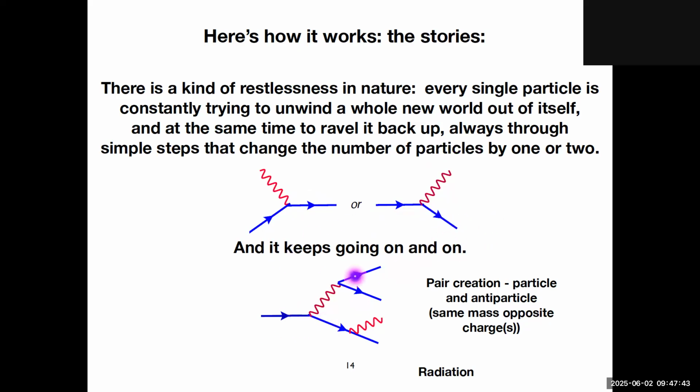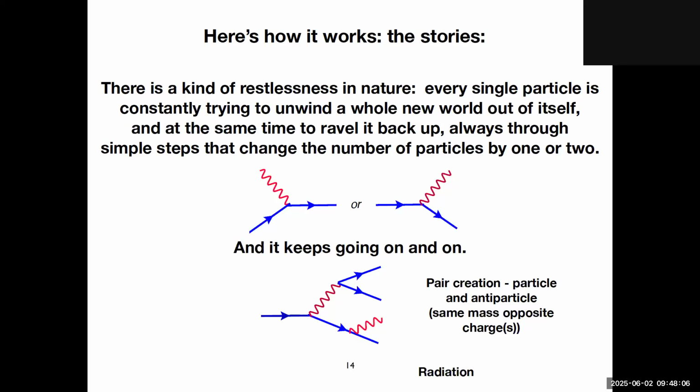So here we have pair creation. Here, a particle and antiparticle, same mass and spin, but opposite charges, and then radiation processes like this. So again, this little picture here, a single electron unravels itself into a pair plus an electron plus a photon.